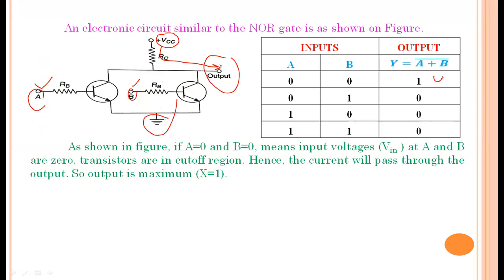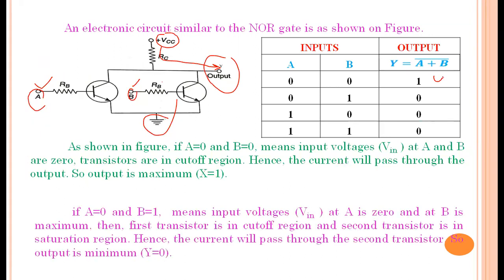And the second case, A is equal to 0 and B is equal to 1. A is equal to 0 means transistor 1 is in the cutoff region.